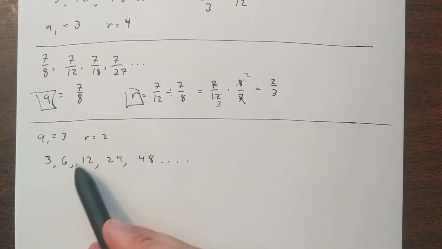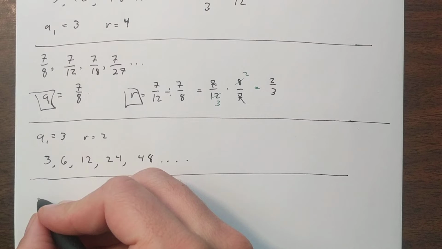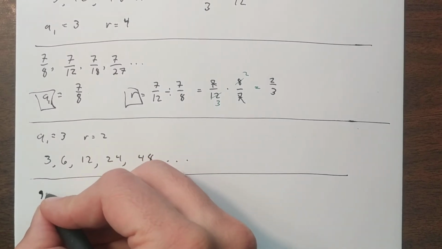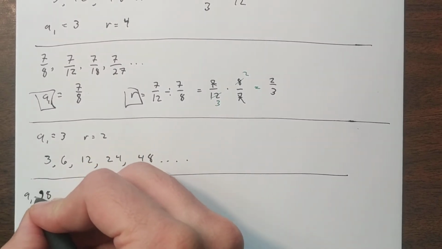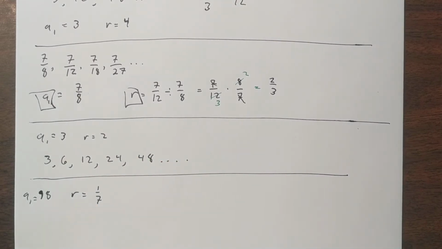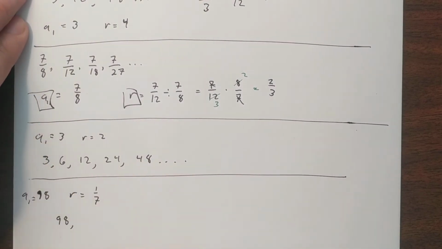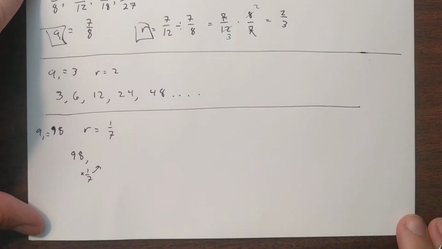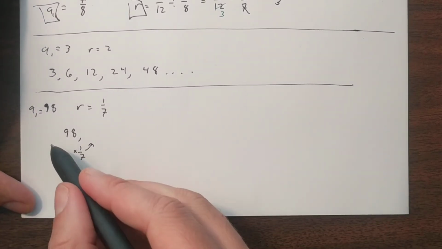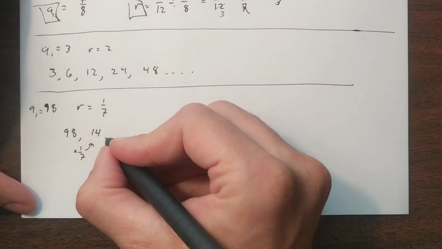You just start with your first term and multiply by the rate every time. What if it's a little harder and I give you 98 as my first term and the rate as 1/7? We start off with 98, then we multiply by 1/7 to get the next term. 98 divided by 7 is 14.